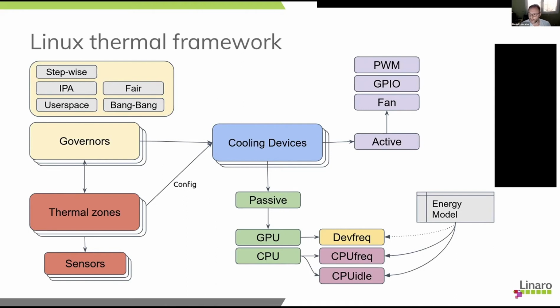I don't want to talk about some specific cases where we have two thermal zones covered by one single cooling device, but usually what we have is a one-to-one relationship. When you have temperature sensors, you can have up to 20, 25 sensors on the SoC. Each sensor is represented by a thermal zone.